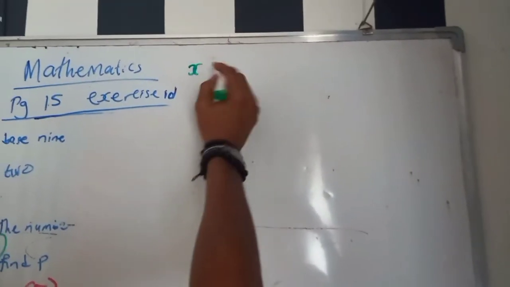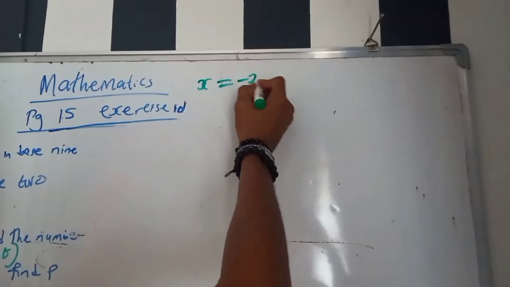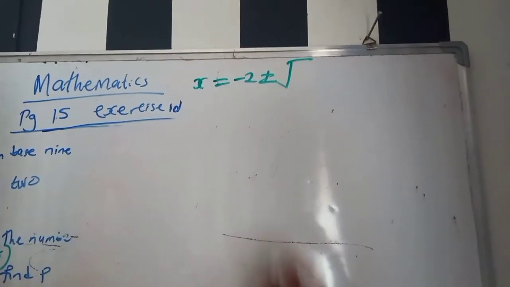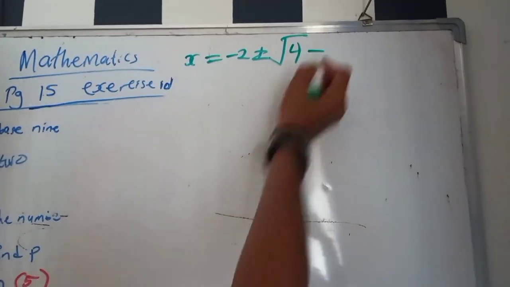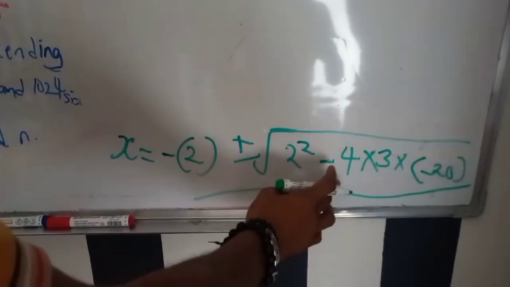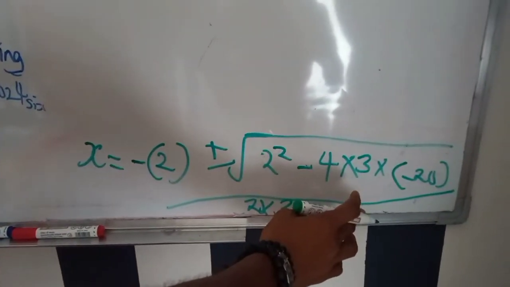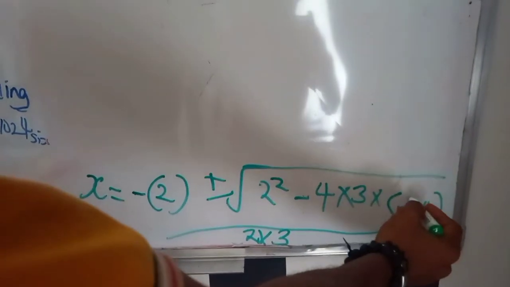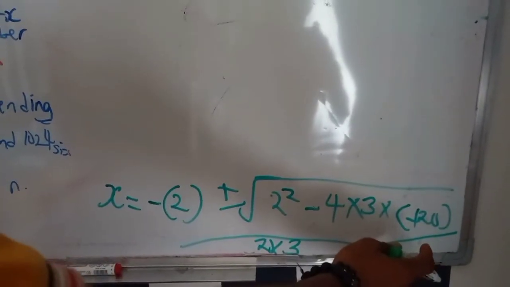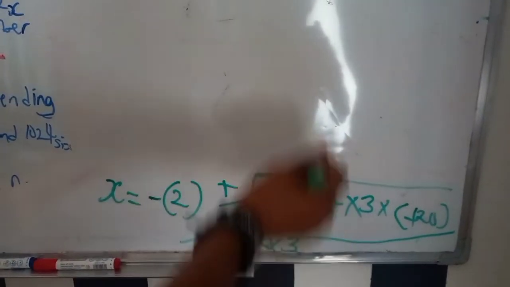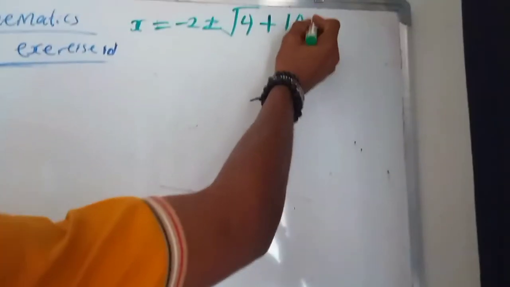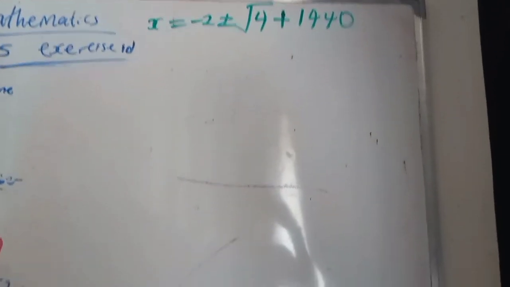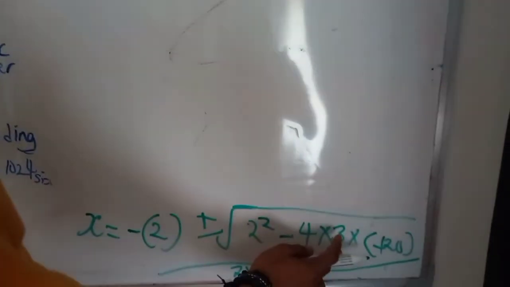So I say x equals minus 2 plus or minus the square root of 2 squared, which is 4, minus 4 times 3, which is minus 12.